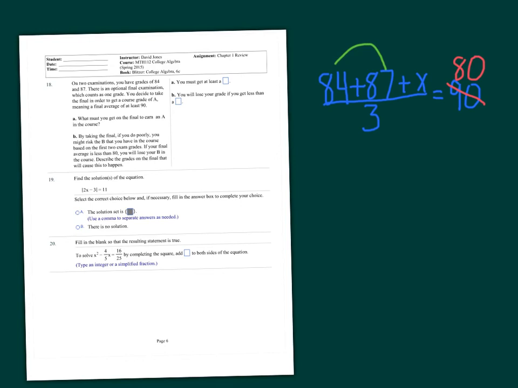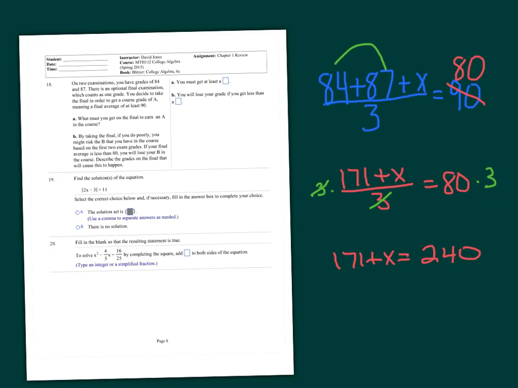So still dealing with the same process. We've got 171 plus x over 3 now equals 80. So we're going to multiply by 3 just like we did last time. 171 plus x equals 240.